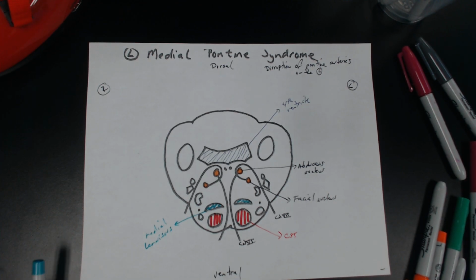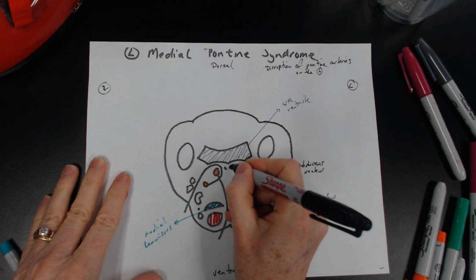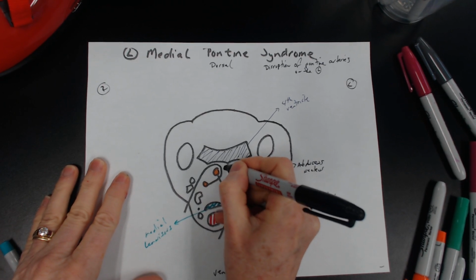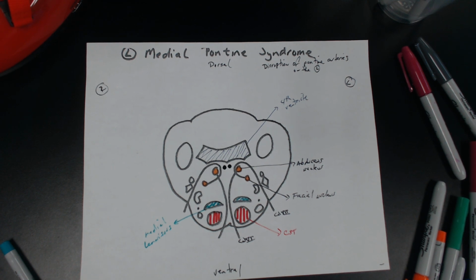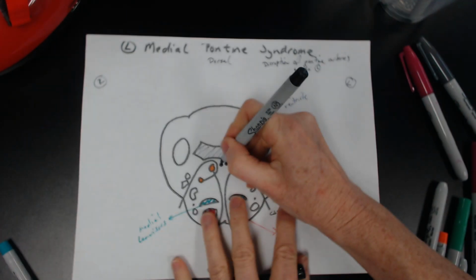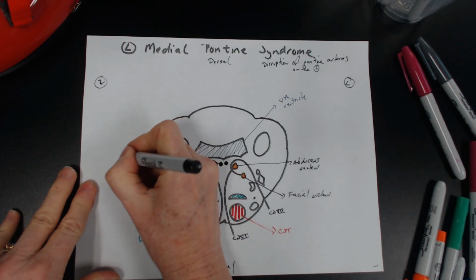This is something that in the medulla, these small black dots are closer to the medial lemniscus. They're still medial though, involved in conjugate eye movements. And this is your medial longitudinal fasciculus, MLF.